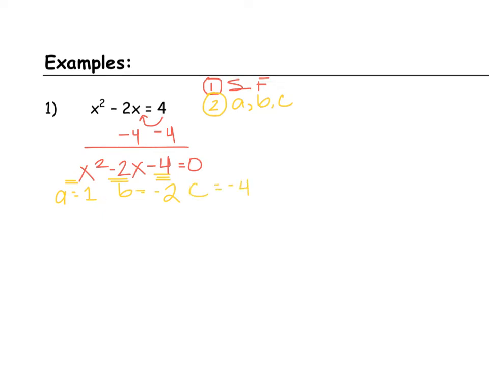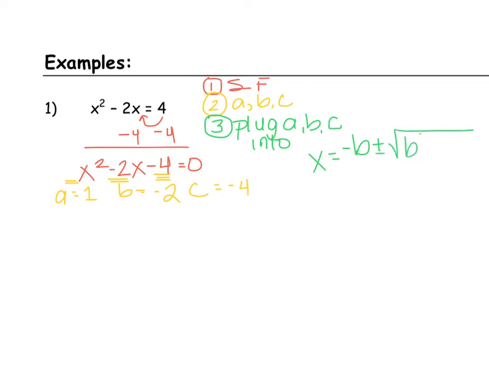So the next thing I need to do is plug a, b, and c into my formula. And just to make sure you're memorizing it, we're going to sing it every time. X equals negative b plus or minus square root b squared minus 4ac all over 2a.